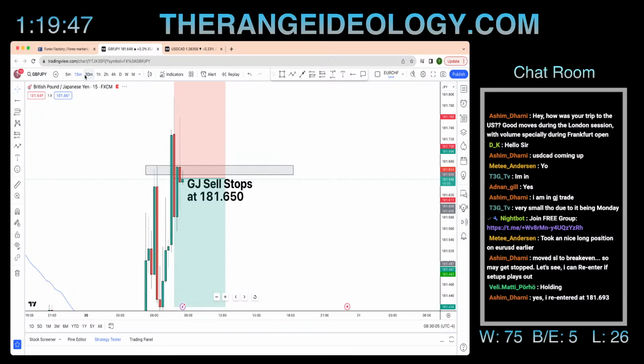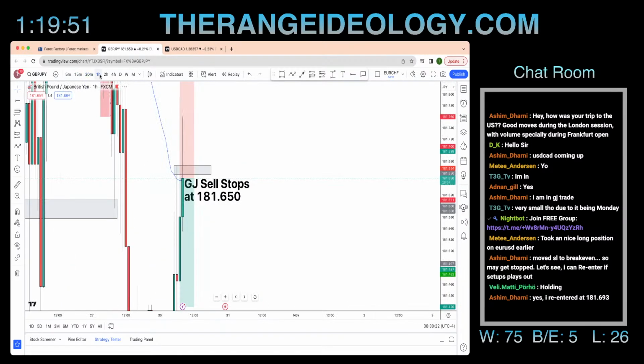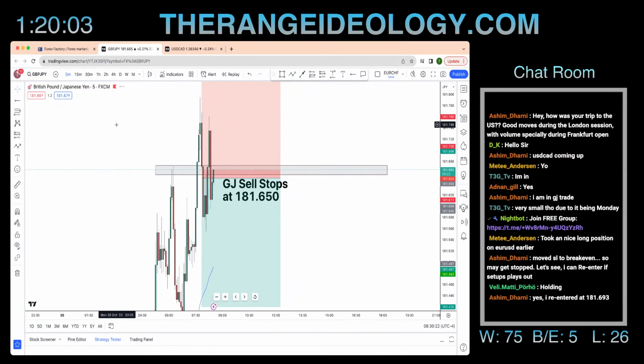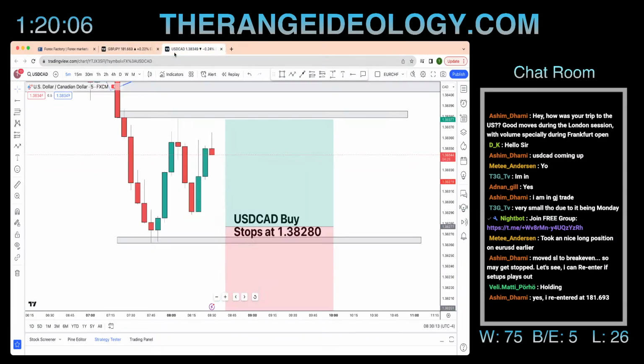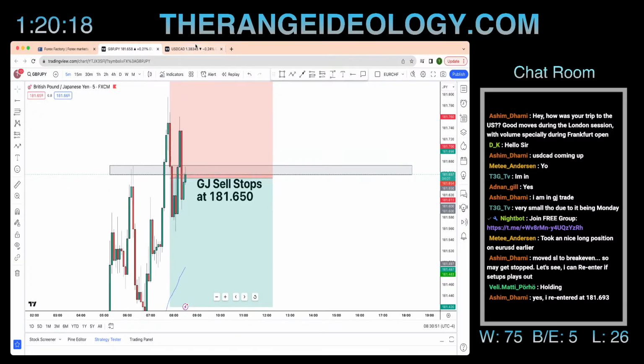All right. Can GJ make a reversal here and respect the range and continue down? Or will it continue up? Okay, and drawdown now with GJ. Wow. Oh wow, GJ just continues to play games here, guys.